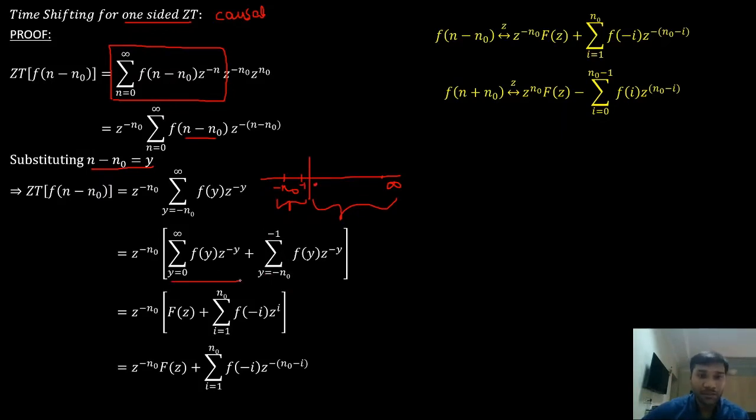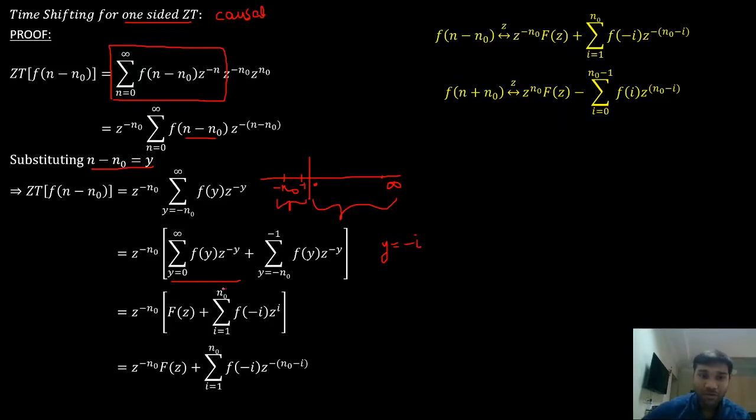The first term is nothing but F of z. And in the second term, I'm going to make another substitution, that is y is equal to minus i. So what happens if I make that substitution here? When y is equal to minus n naught, i is going to be equal to n naught.